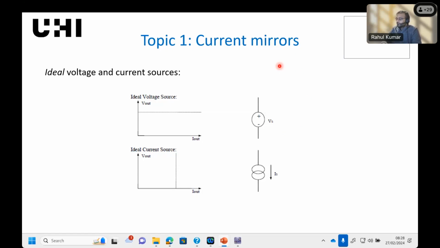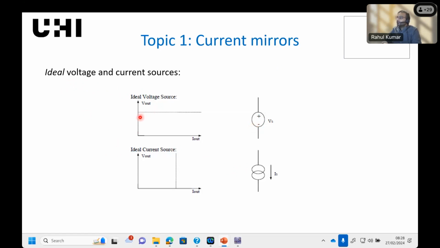First of all, we'll look at some of the ideal current and voltage sources. Something like a battery, which should give you a constant voltage irrespective of the current.